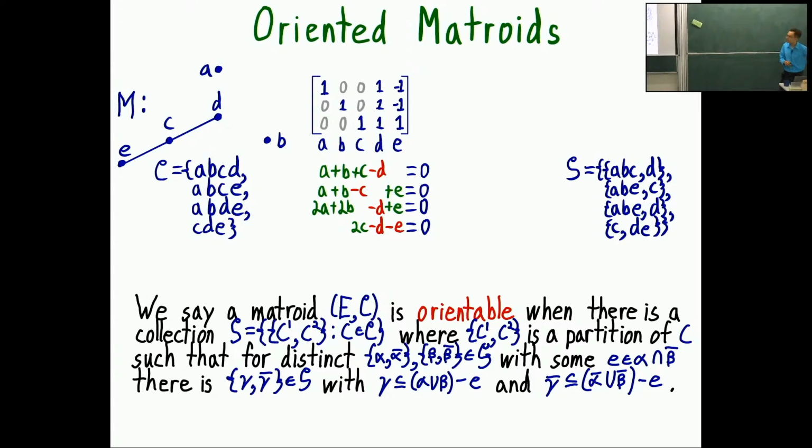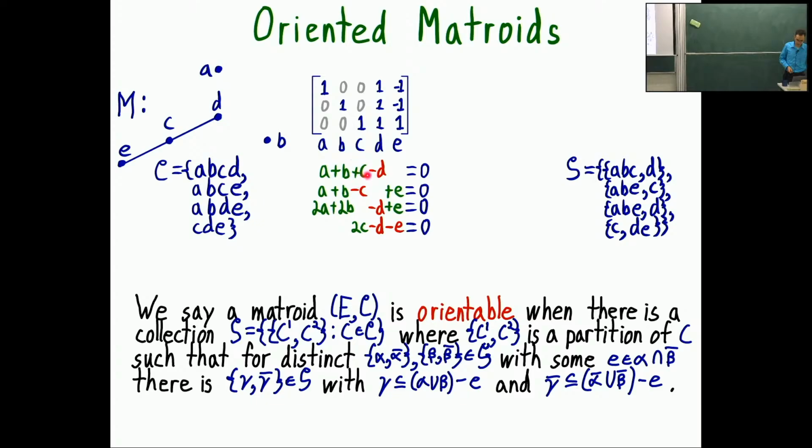I'm just using the signs of each element in each linear dependency to get this bipartition.